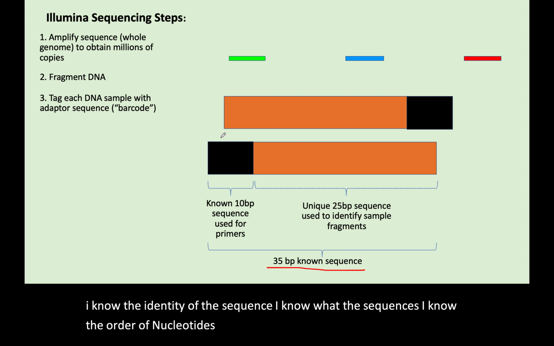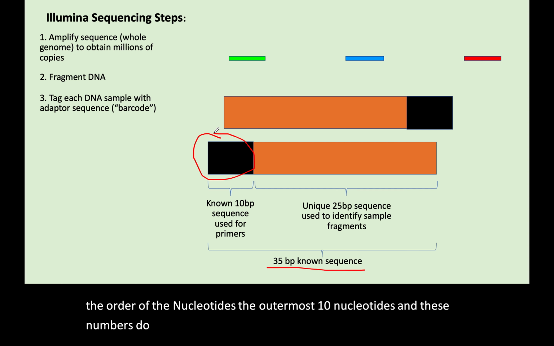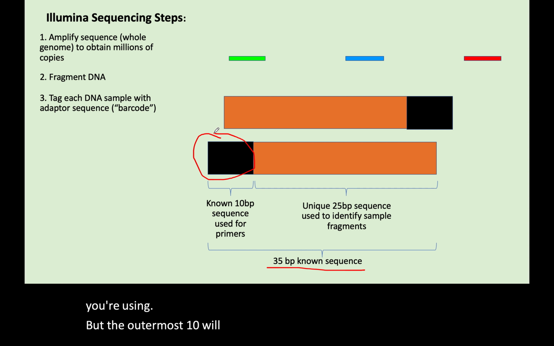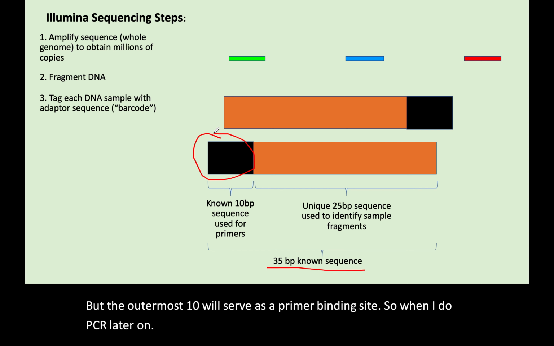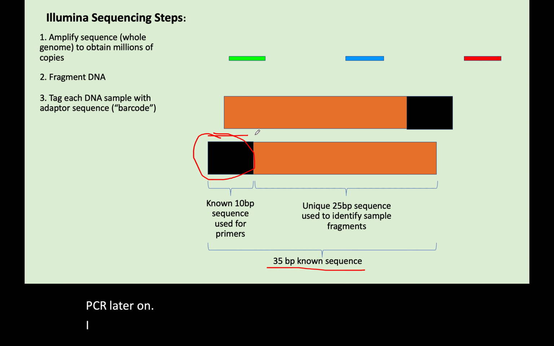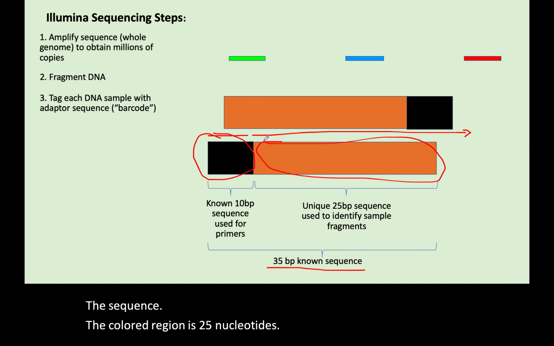The outermost 10 nucleotides, and these numbers do vary depending on the technology and the kit that you're using, will serve as a primer binding site. So when I do PCR later on, I can add primers that will then extend the sequence. The colored region is a 25 nucleotide identifier sequence.